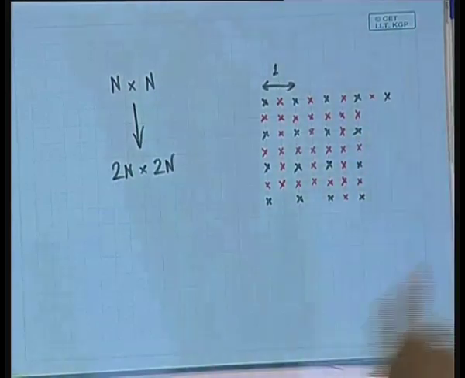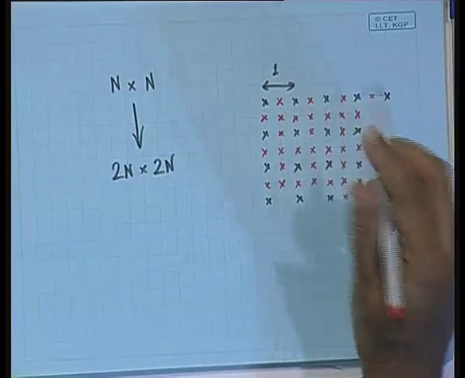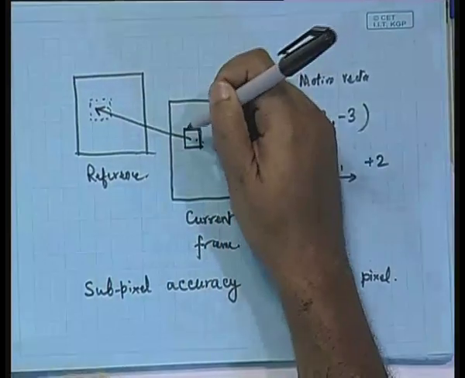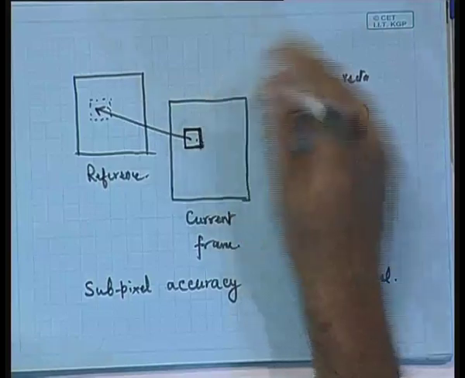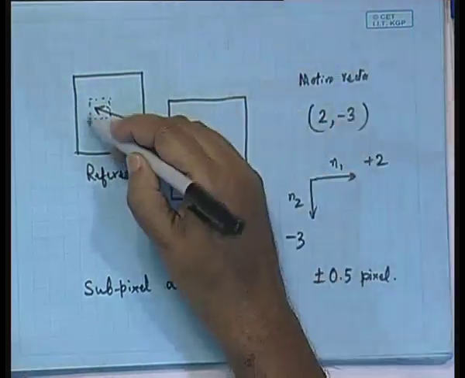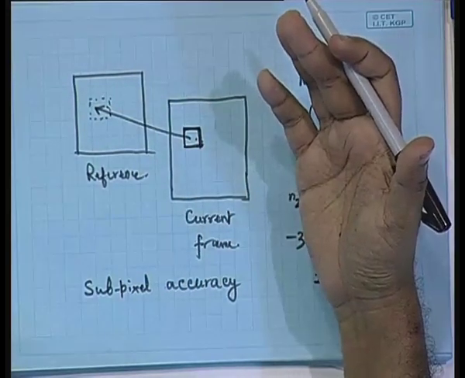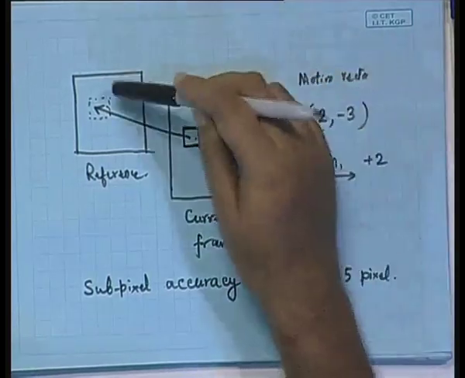So, the resolution of the image has been increased to 2n by 2n. Now, if we increase the resolution and at the increased resolution we search for the block in the current frame with the increased resolution block in the reference frame, the displacement that I will get is in pixel unit, but in the enhanced space.